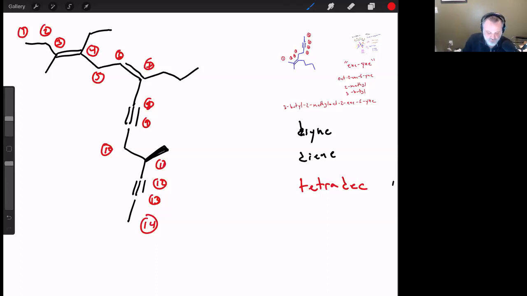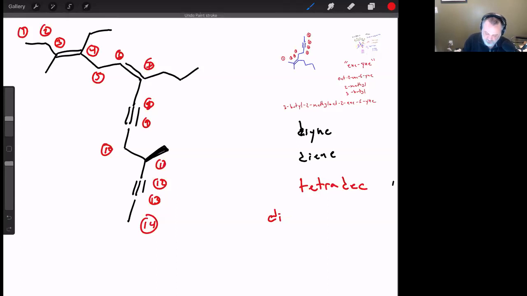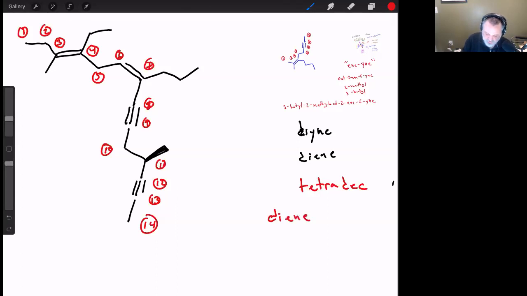So where are the different things? It looks like it's a diene, and the enes are in the 3 and 6 position. It's a diyne, and the ynes are in the 8 and 12 position.